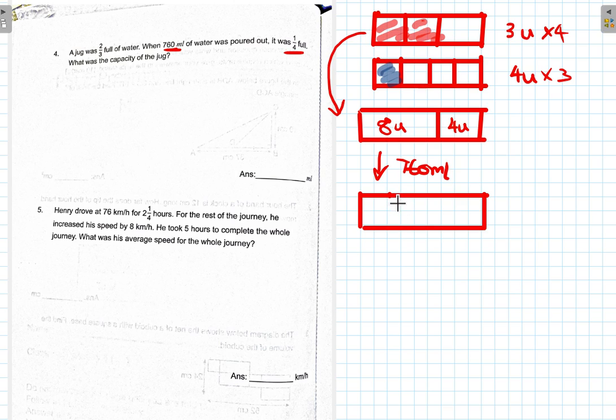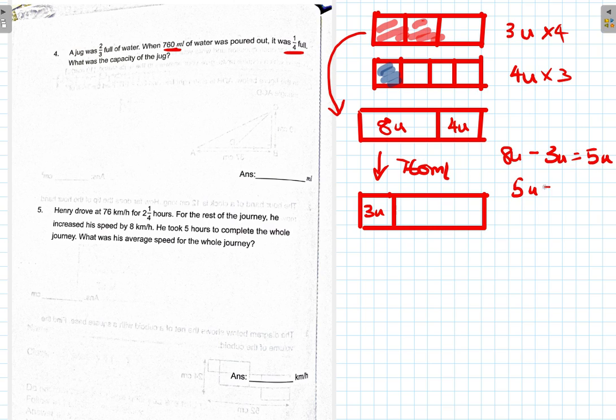So here is 3. So I have 3 units. Correct now. Yes. So I know that 8 minus 3 is actually the one that is poured out. 8 units minus 3 units. 5 units was actually being poured out.